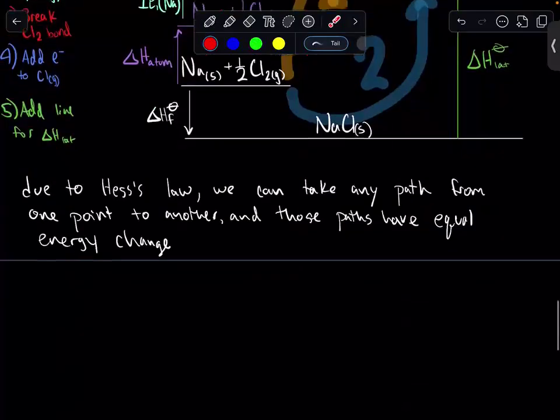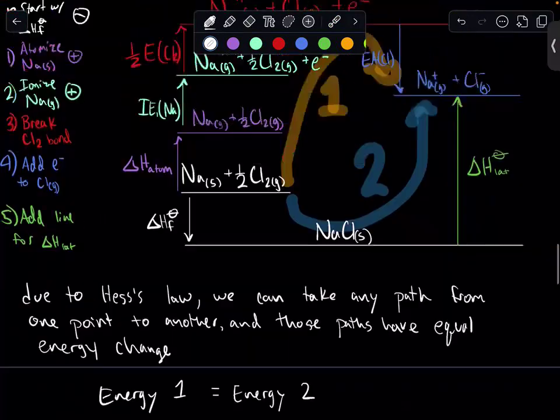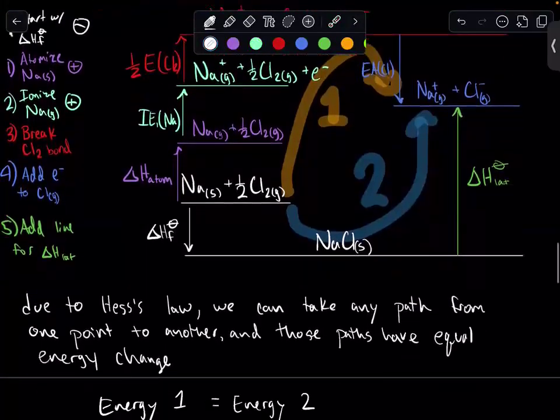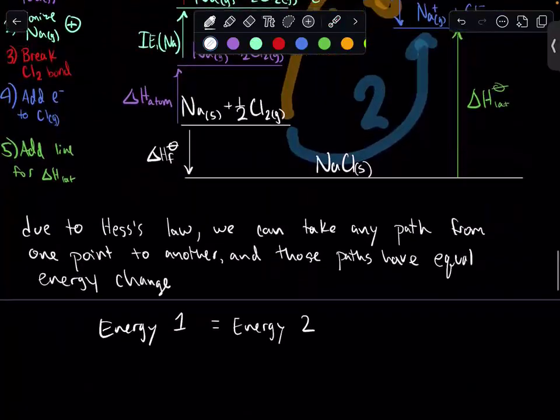But the energy of path 1 should be equal to the energy of path 2. This is what Hess's law states. It does not matter the path you take to get from one point to another, those energies are equivalent. So we're going to write out the energy of path 1.